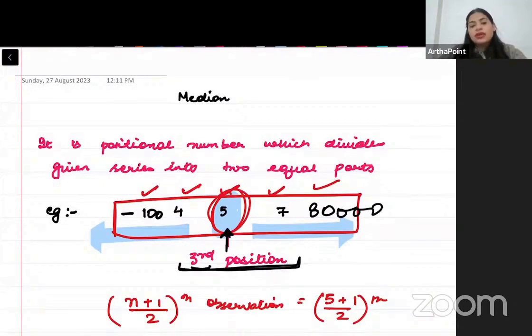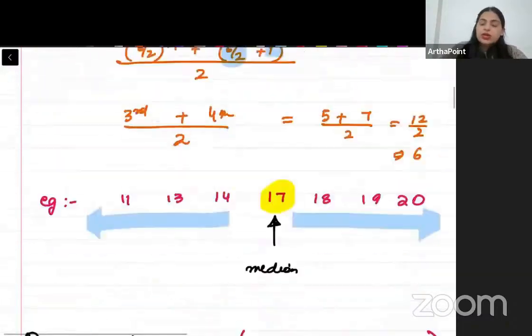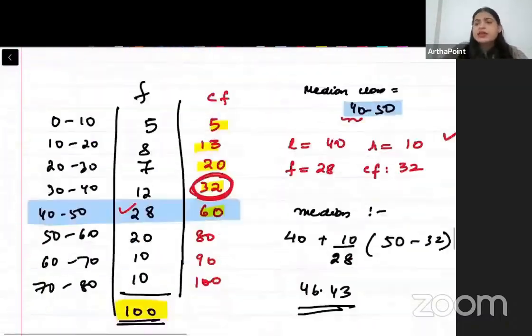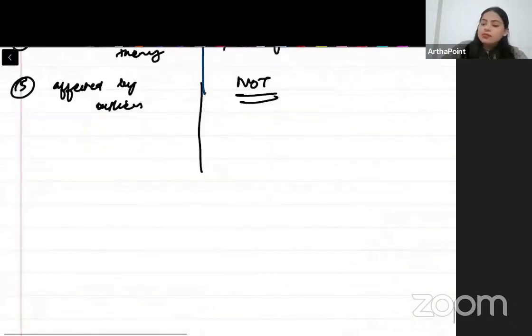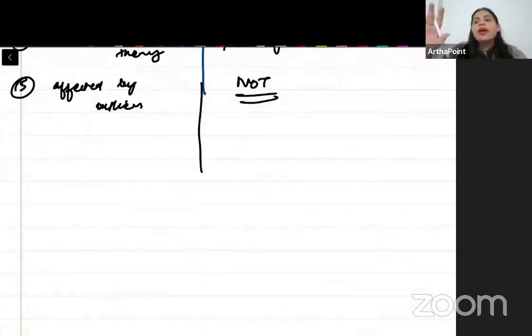It does not change with extreme observations. In fact, this is the best merit of median, that median is a positional average. It is not affected by extreme observations. But the disadvantage is also the same: it does not consider every observation and only considers some observations.